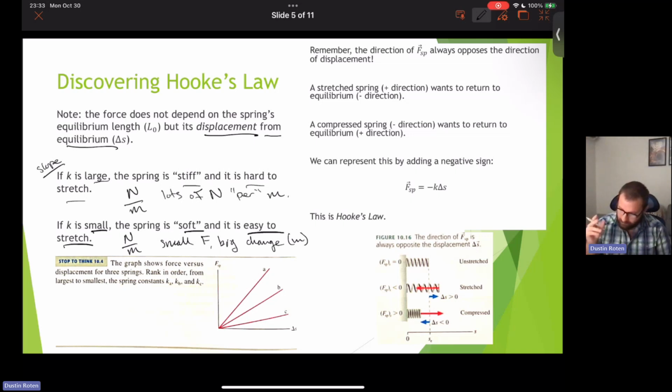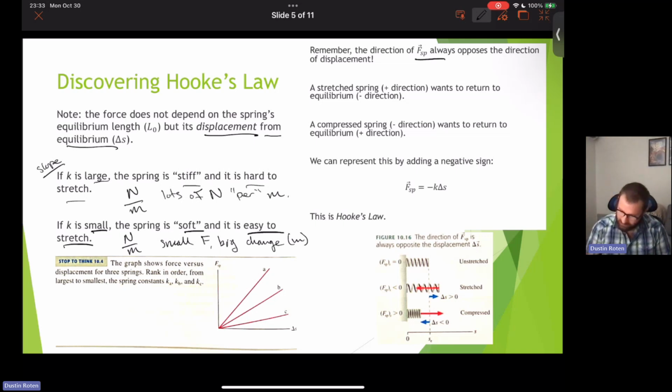So do remember that the direction of the spring force is always opposite the direction of displacement. Remember when we pushed a spring in, when we compressed it, it wanted to act opposite of that to go back to equilibrium. When we stretched the spring, it wanted to act opposite of that to go back to equilibrium.